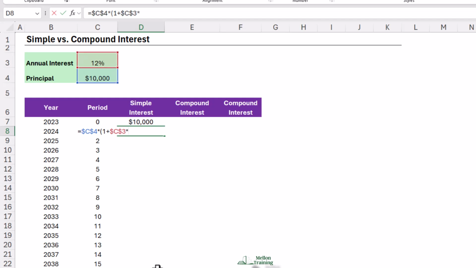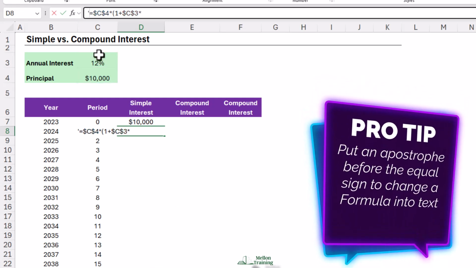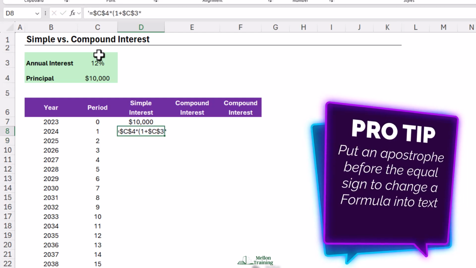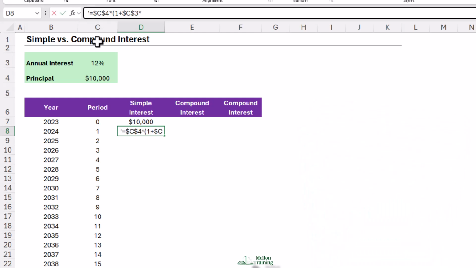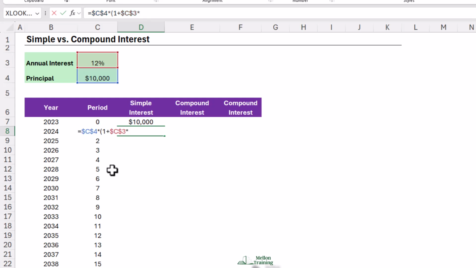And just remember that because we've covered the formula, we can't really click on it. What we're going to do is put an apostrophe before the equal sign to change this into text. And then come back into the cell, go to the formula bar, delete the apostrophe, and then say times period 1 or cell C8 and close the parentheses.